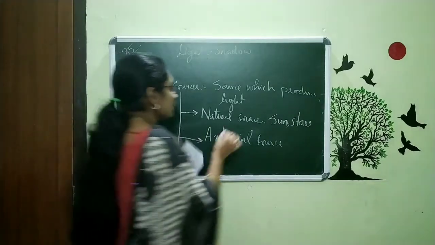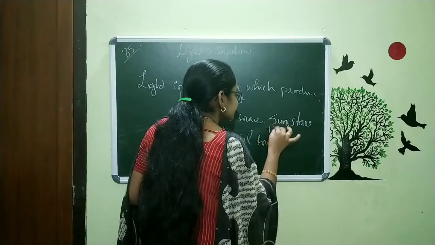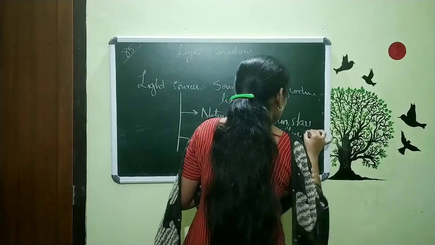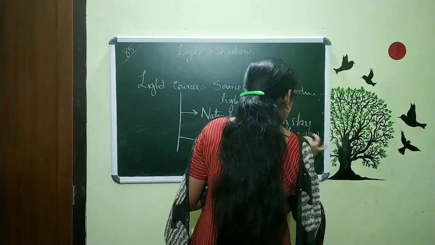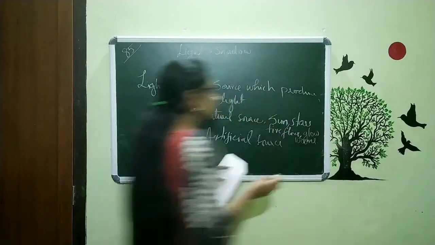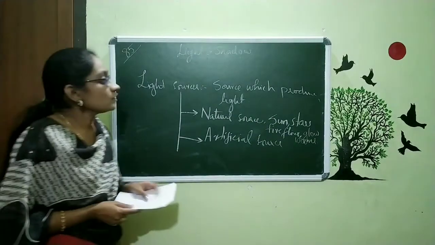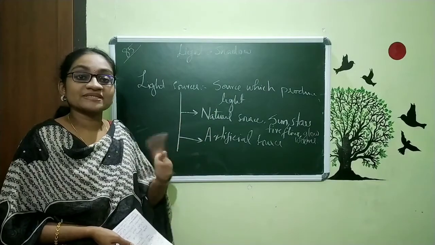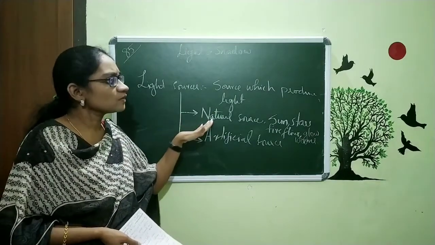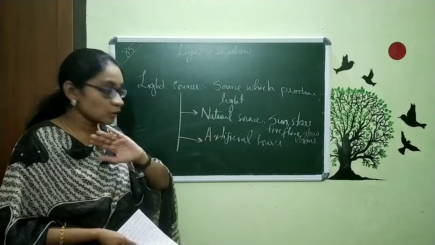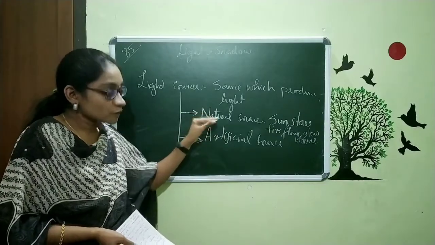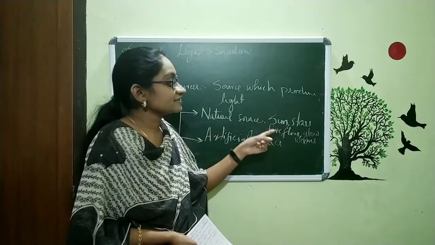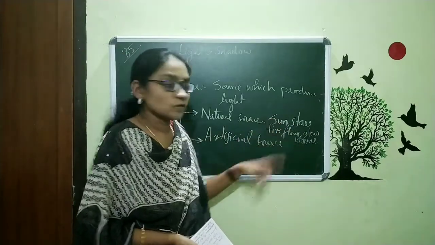Fireflies and glowworms. These are the insects which produce light on their own. So, we can say the natural sources are the sources which produce light by themselves or by nature itself. No manipulations, not produced by human beings. So, the examples are sun, stars, fireflies, glowworms, like that.